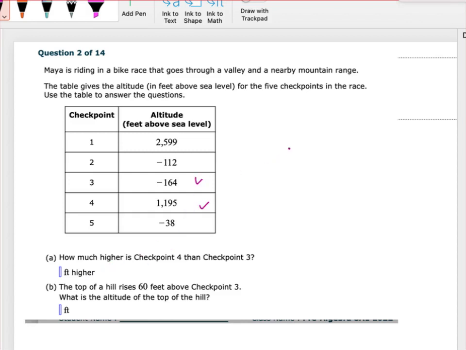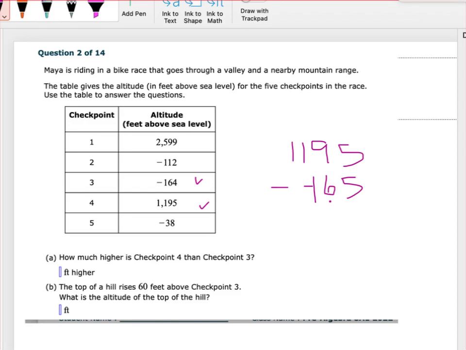Okay, so we're going to say 1195 minus, okay, so a negative 164. Excuse me, I can't write. Minus a negative, because we're trying to find out how much higher.